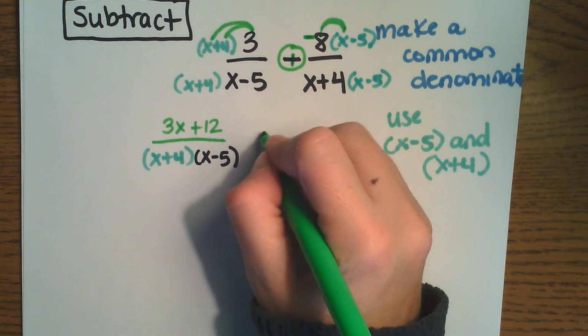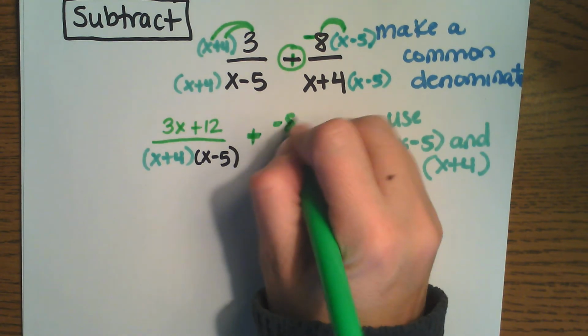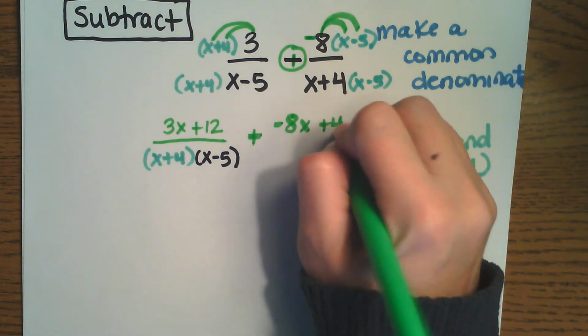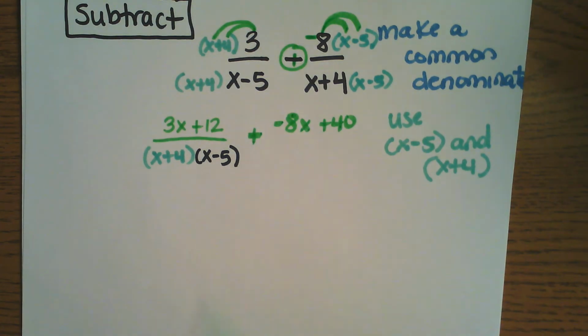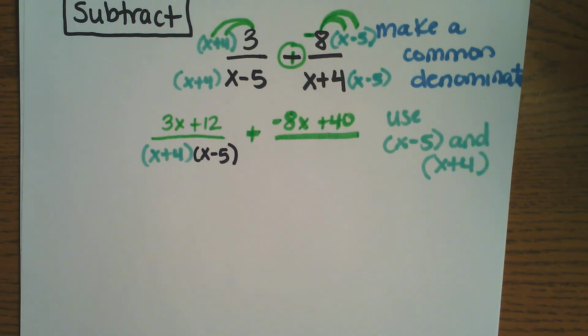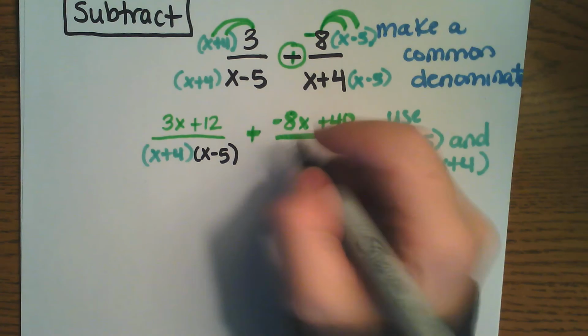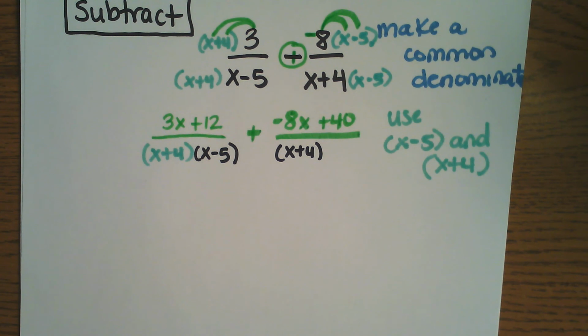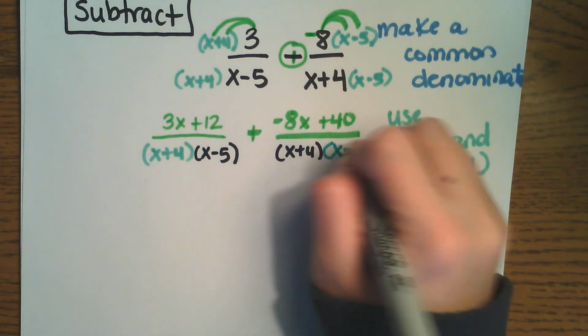Negative 8x plus 40 over x plus 4, x minus 5.